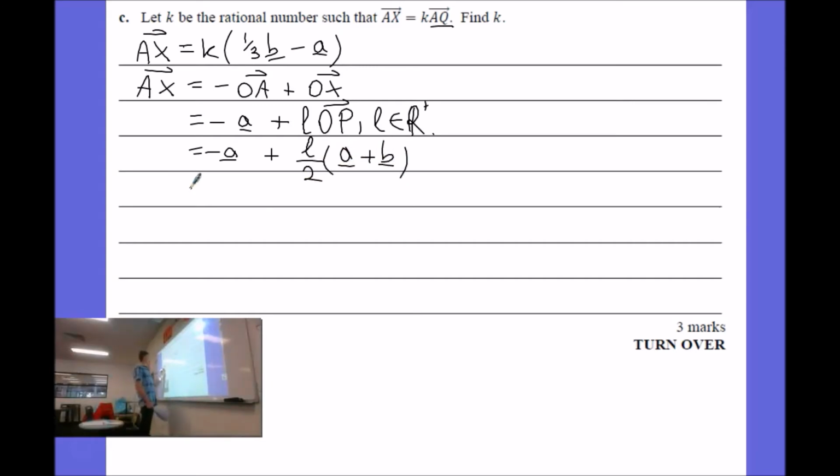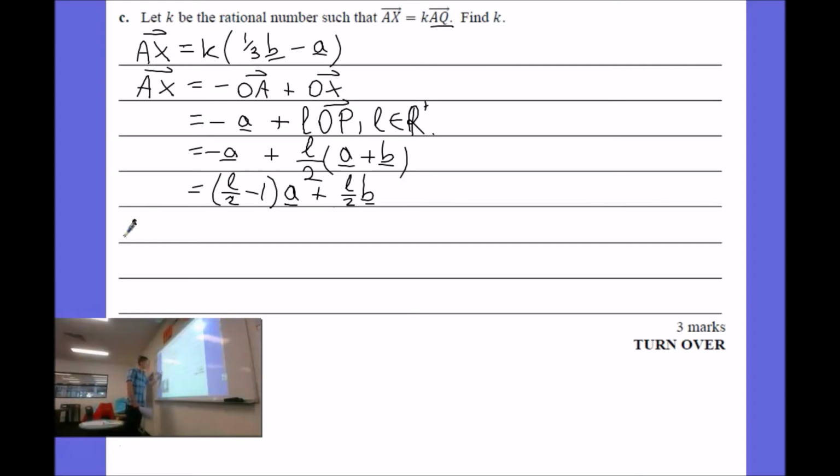Now let's see if we can collect some of our vectors together. Well, this will give us (L on 2 minus 1) whole of vector A plus L on 2 of vector B. Well, that's another expression for vector A to X, which is also the same as the one above.